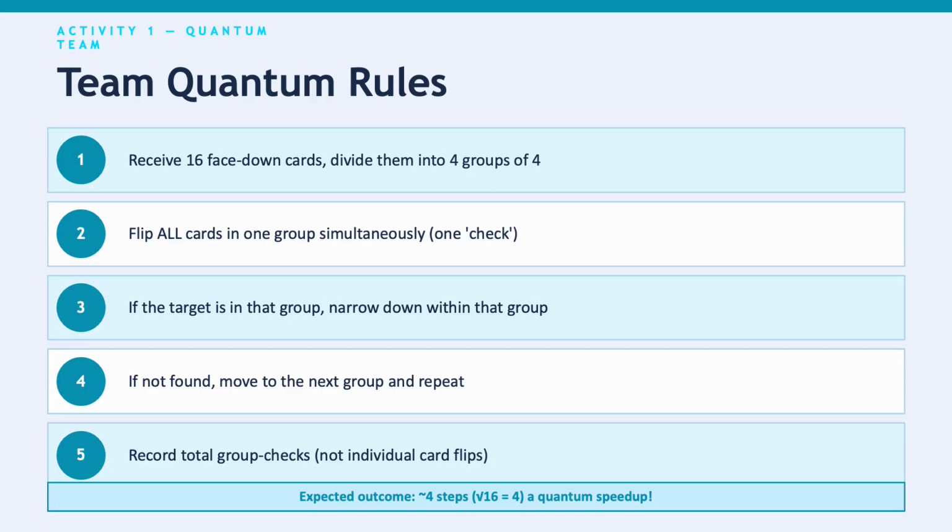In the best case scenario, you find it in the first group: one step. In the worst case, you check all four groups: four steps. So technically, the square root of 16 is 4, which perfectly matches Grover's prediction. Compare your result to Team Classical. You might play as both Team Classical and Team Quantum, as per your own choice. And think about what that tells you.